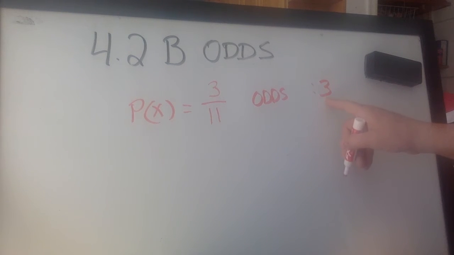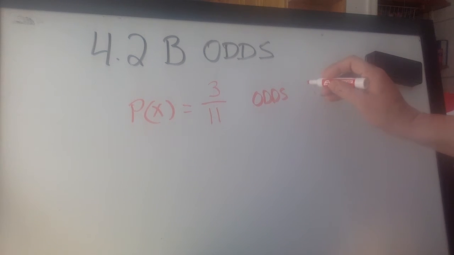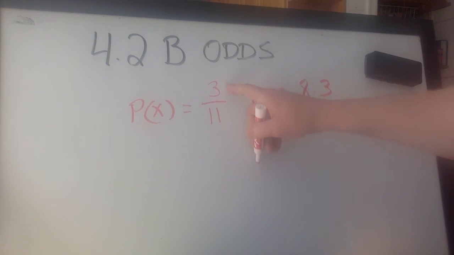That's your successes. How many times did they fail? If they have a total of 11 and they were successful 3 times, this number is 8. So these two numbers have to add to the denominator. If the probability is 3 out of 11, the odds are 8 to 3.